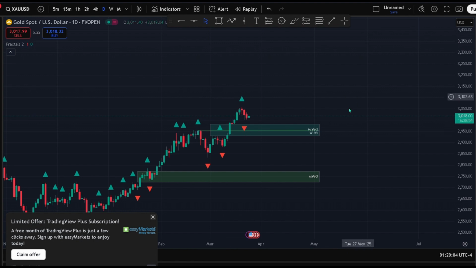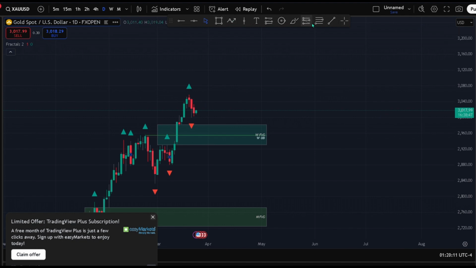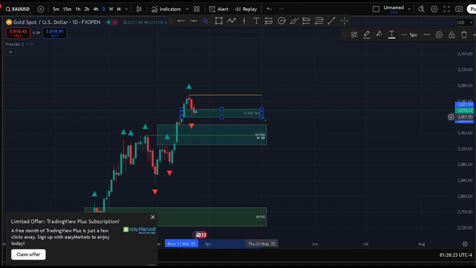So I'm marking out imbalances on the monthly, weekly, and the daily. And hopefully the more you see me do this, you'll understand what I mark. It's pretty straightforward, but you have to have an understanding of what draws price.